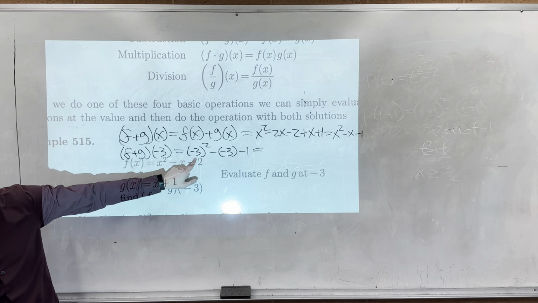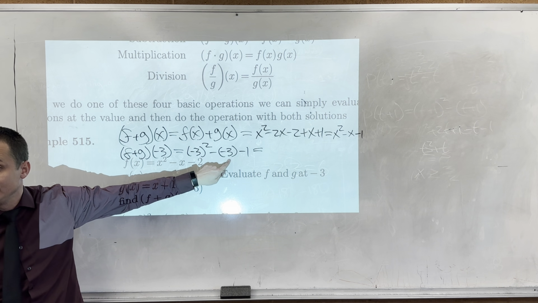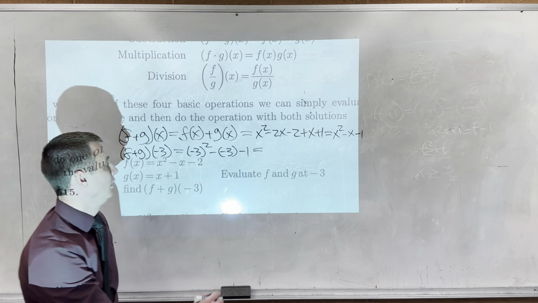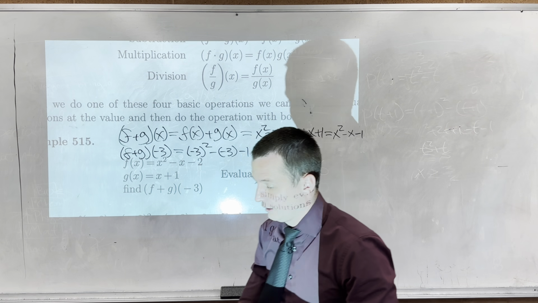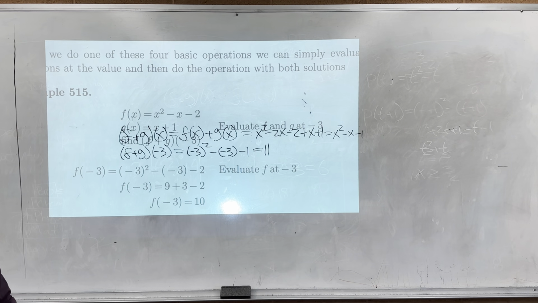What do we get? -3 times -3 is 9, plus 3 is 12, minus 1 is 11. So we got 11. That's one way we could have done it. Let's make sure we got his same answer. He got 10. Uh-oh, what did we mess up?